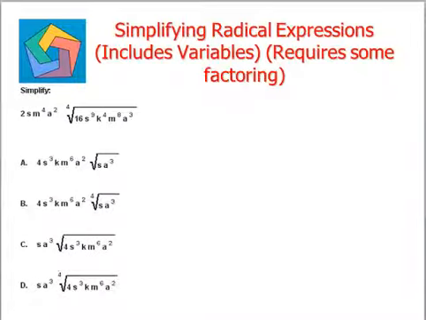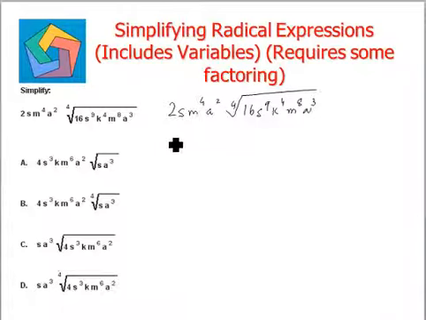The next question says simplify, and we are given 2 s m to the power of 4 a squared, with index 4. Inside the radical we have 16 s to the power of 9, k to the power of 4, m to the power of 8 and a to the power of 3.